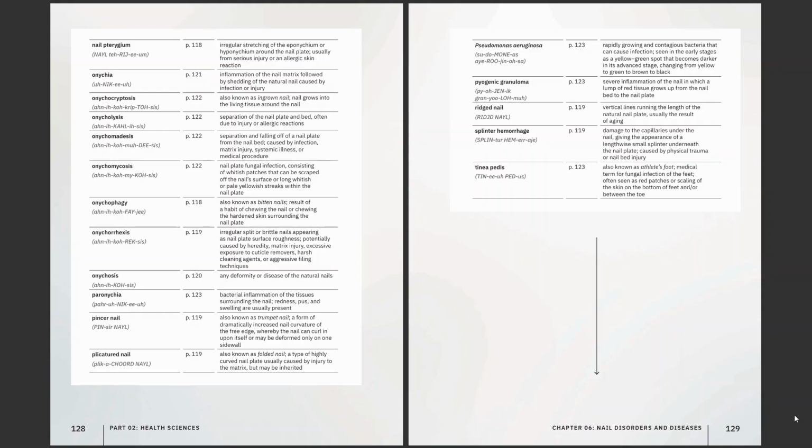Onychorrhexis: irregular split or brittle nails appearing as nail plate surface roughness, potentially caused by heredity, matrix injury, excessive exposure to cuticle removers, harsh cleaning agents, or aggressive filing techniques. Onychosis: any deformity or disease of the natural nails.